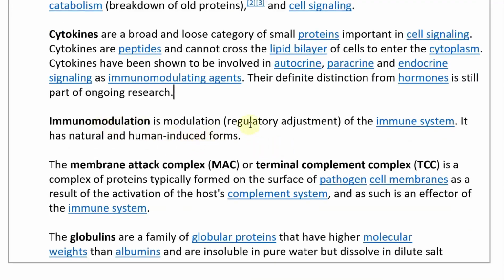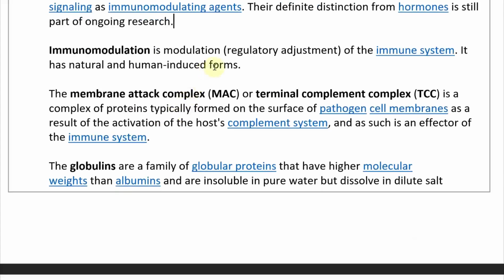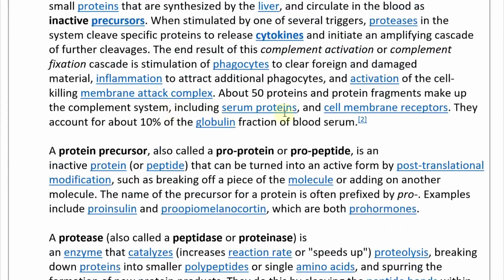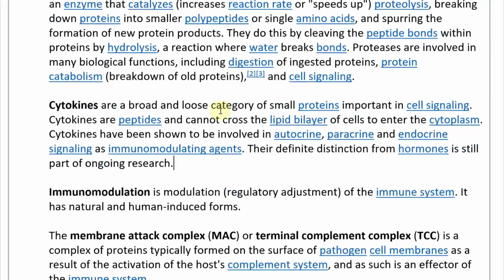Immunomodulation is modulation or regulatory adjustment of the immune system. It has natural and human-induced forms. The membrane attack complex, MAC. This was mentioned above here. So basically the end result of the complement activation or complement fixation cascade, part of the complement system, is activation of the cell-killing membrane attack complex.